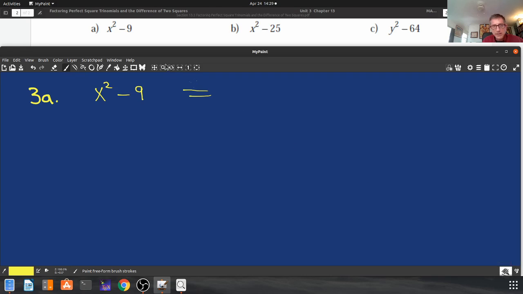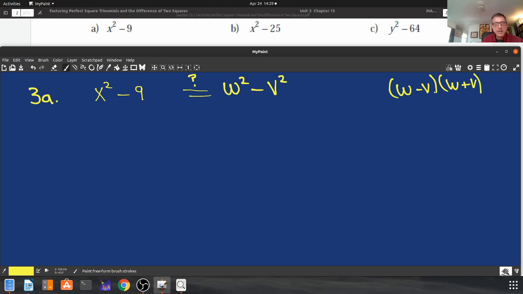If we can find a w and a v such that this is equal to w squared minus v squared, and if so, then we can write it as w minus v times w plus v.